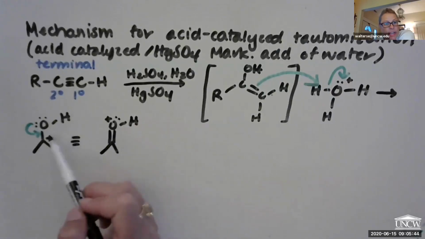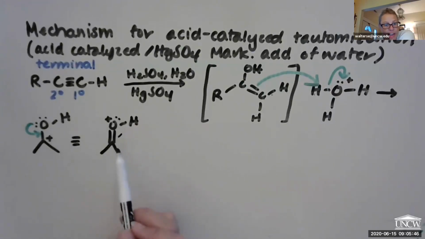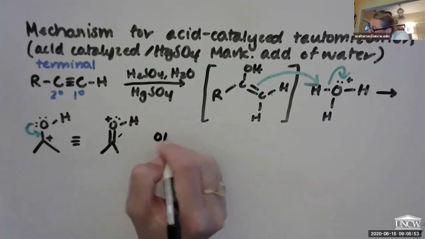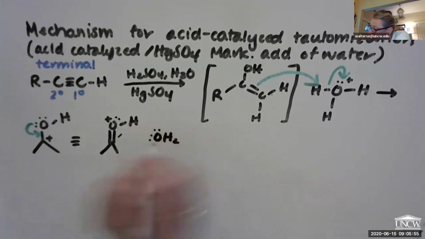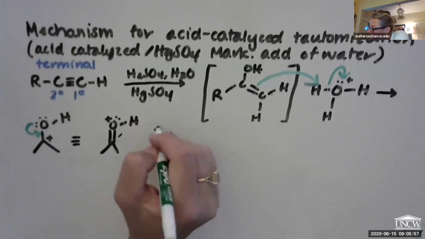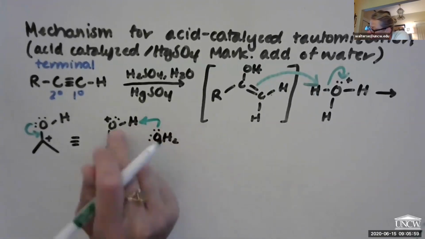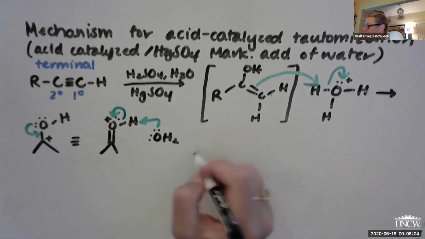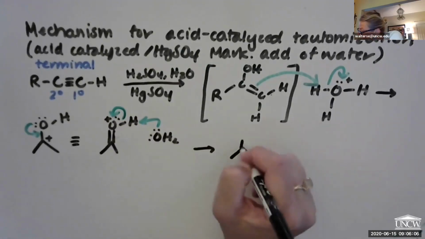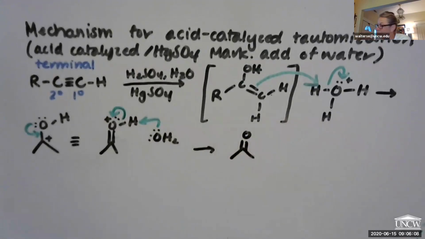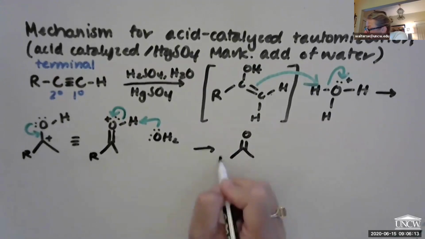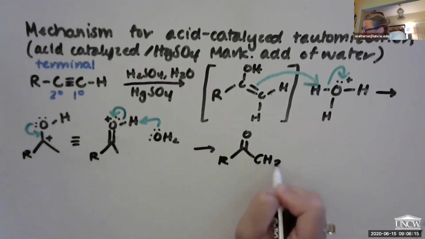But in this structure, all the atoms have the octet. So the octet is more important than the charge. This species then reacts with water in deprotonation to get rid of that positive formal charge on the oxygen, and then you end up with a ketone. Okay, so this would have been the R side, and now this side is CH3.